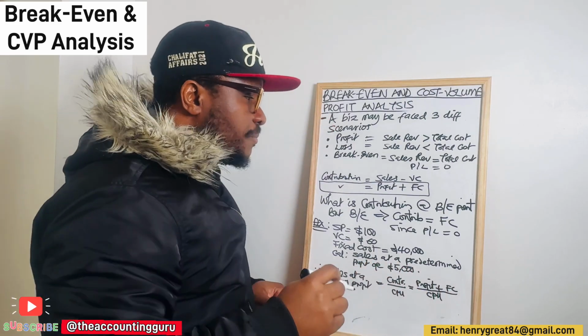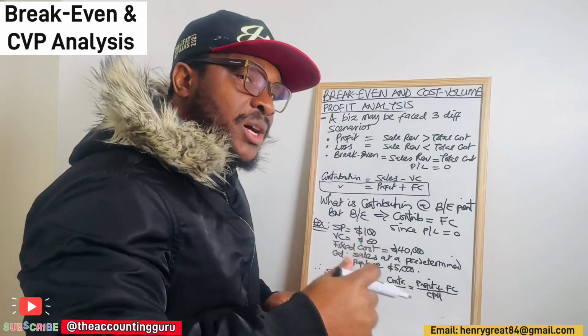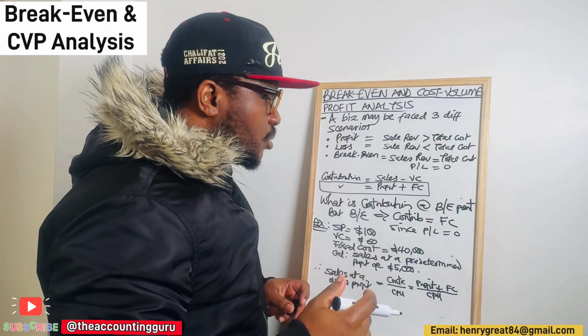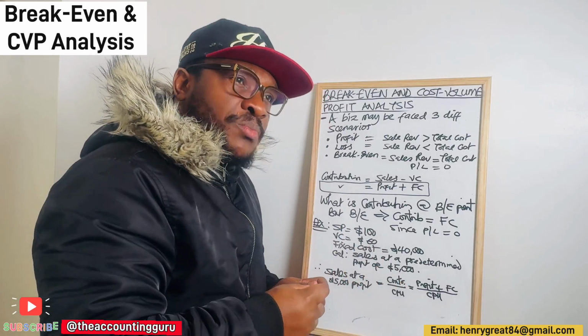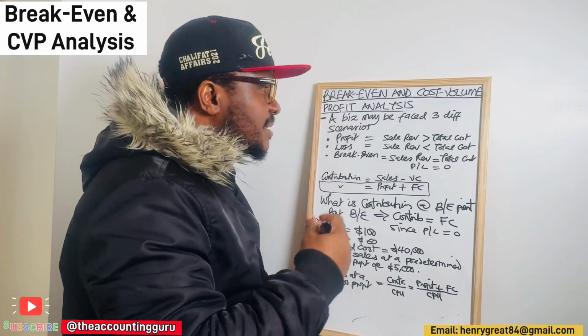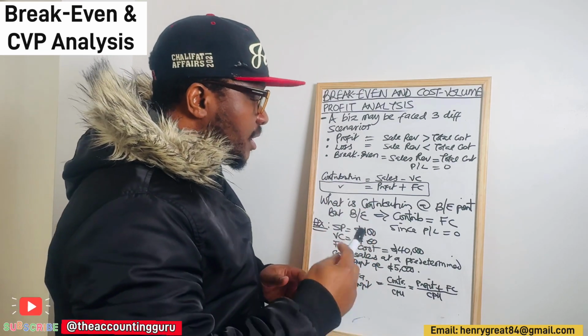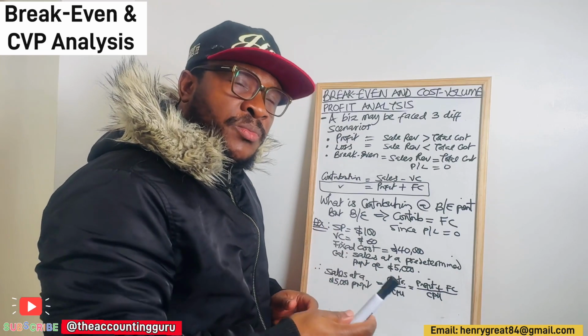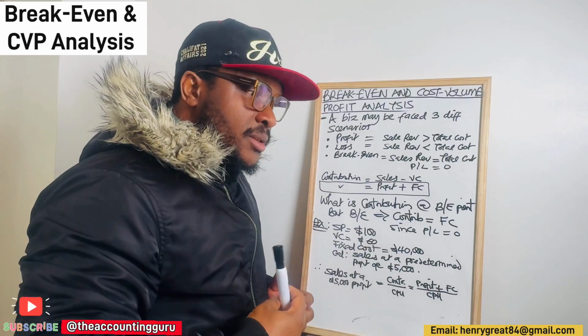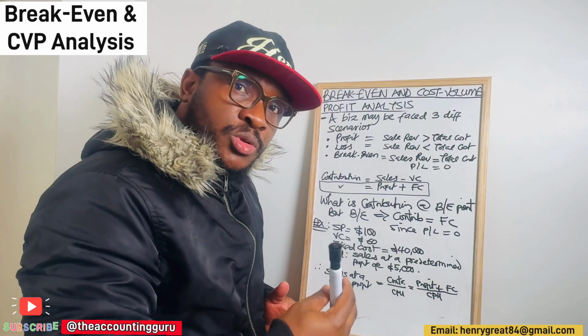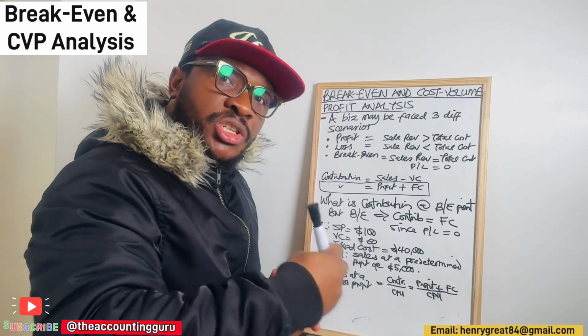If this is clear, question is this: what is CPU? Please note that CPU means contribution per unit. Contribution per unit is also like selling price per unit, which is not expected to change, unless there is a trigger to selling price per unit changing.